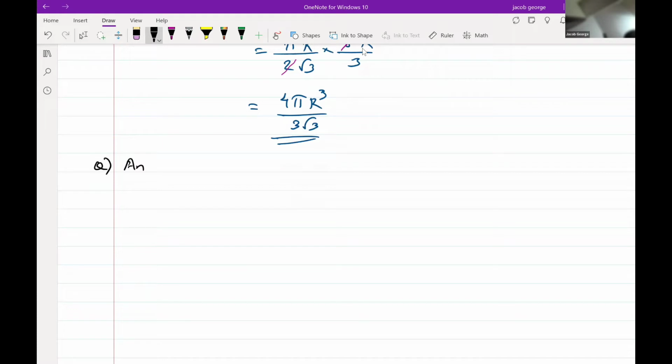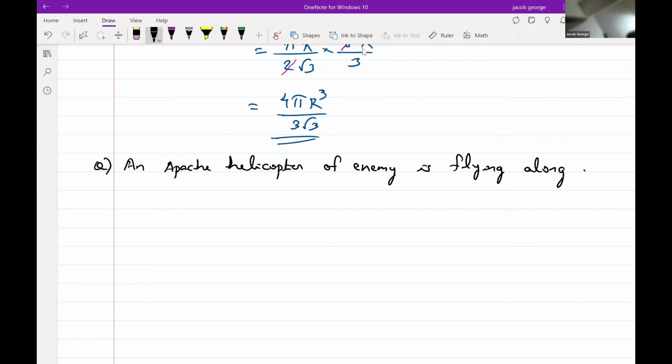An Apache helicopter of enemy is flying along the curve given by y is equal to x square plus 7.